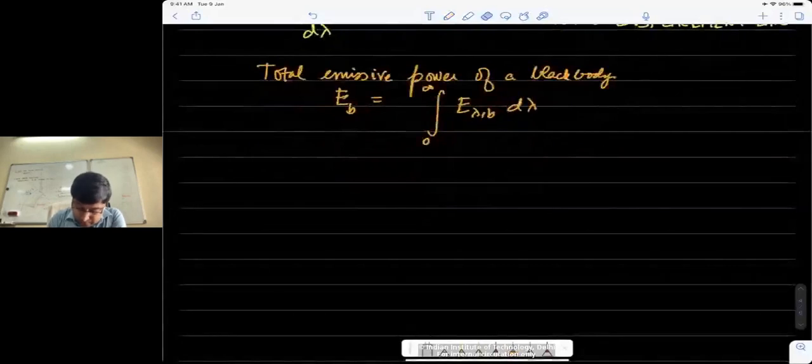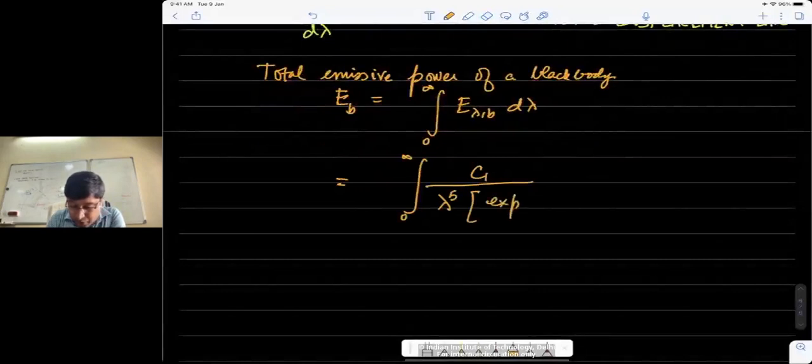So this would be the integral from 0 to infinity of C1 by lambda to the power 5 times exponential of C2 by lambda T minus 1, d lambda.